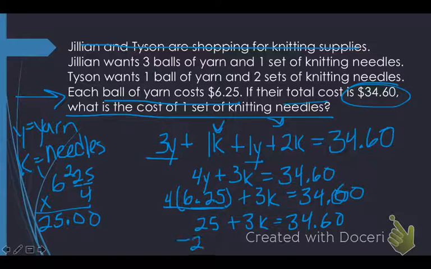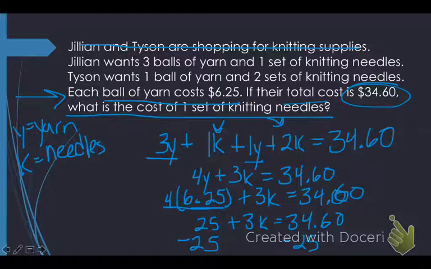I need to subtract 25 from both sides. Again, doing whatever I do to one side, also do it to the other. These cancel and I end up with 3K. And then I do $34.60 minus 25. So over here, 0 minus 0 is 0. 6 minus 0 is 6.